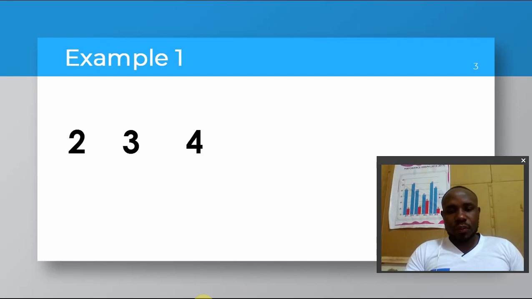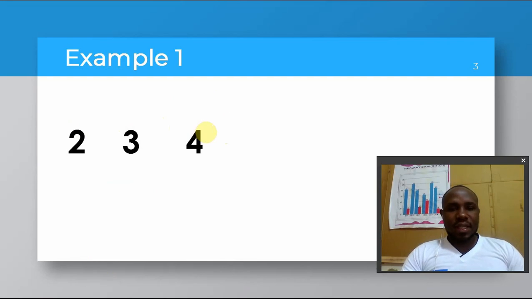When I look at that number, there are 3 digits. Therefore, when we are giving their place values, we begin from the right hand side as we move towards the left hand side.